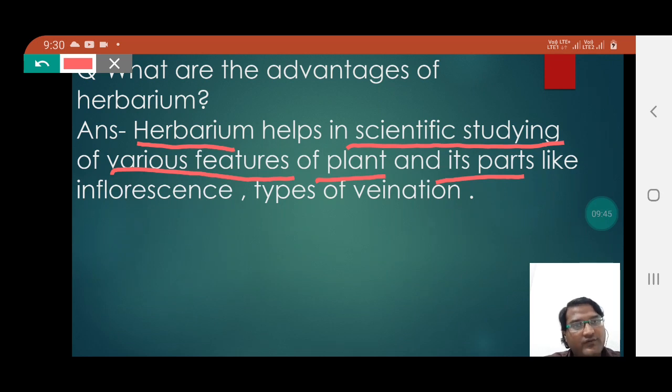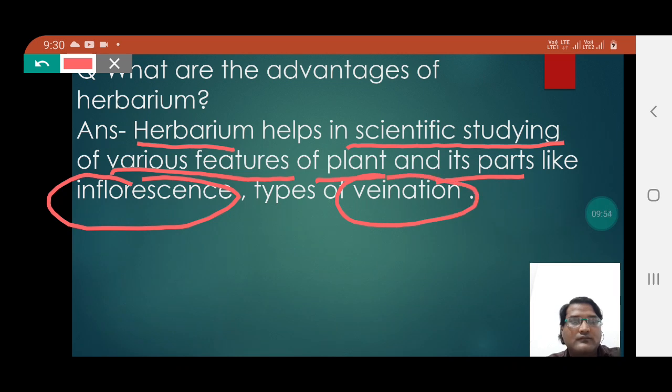Like inflorescence, types of venation, so students, herbarium is important for knowing the details of the features present there in the plant and plant parts.